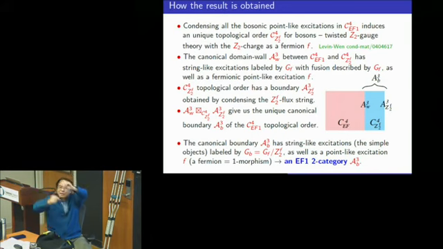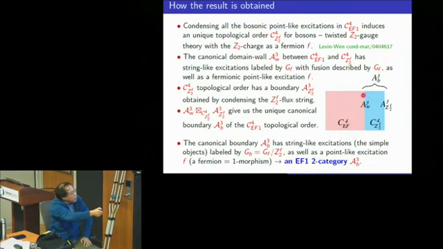And then you have this Z2, like a Z2 gauge field. You have a Z2 charge and Z2 flux, so you have a fermion particle and a loop excitation. However, this Z2 charge is a fermion, so it's a fermionic Z2 gauge theory. In this domain wall, we have a string labeled by GF.